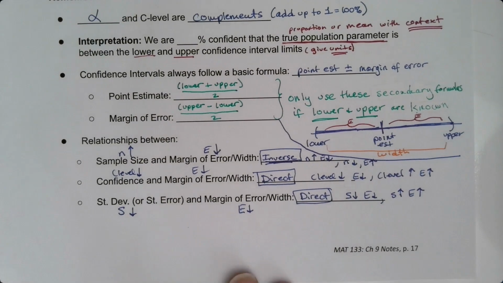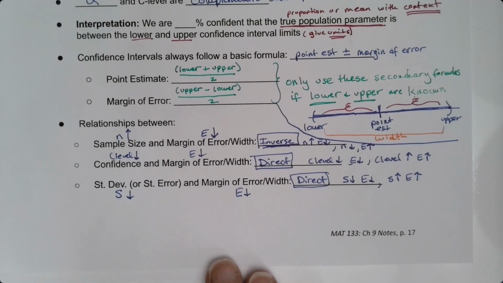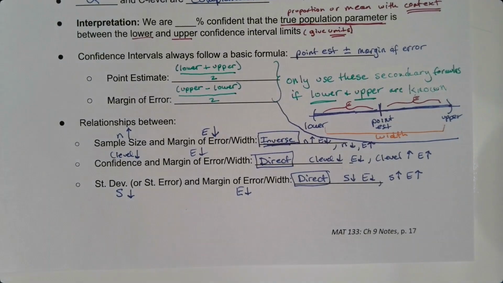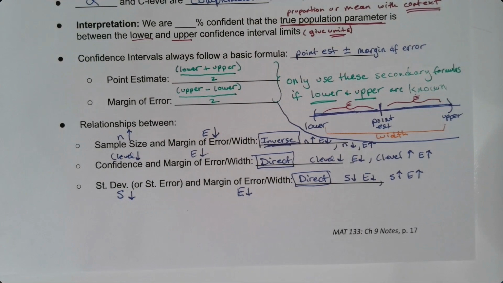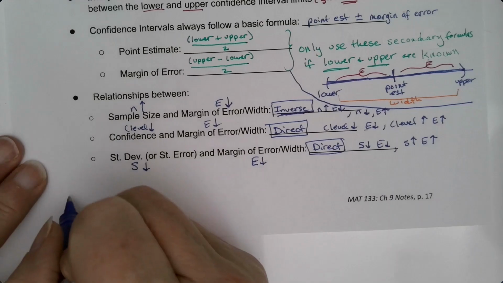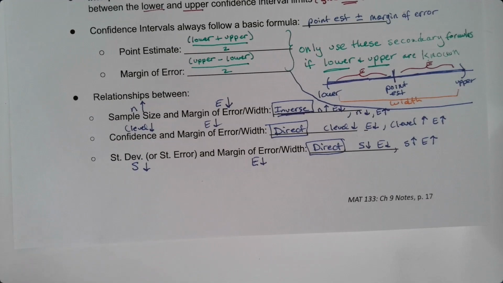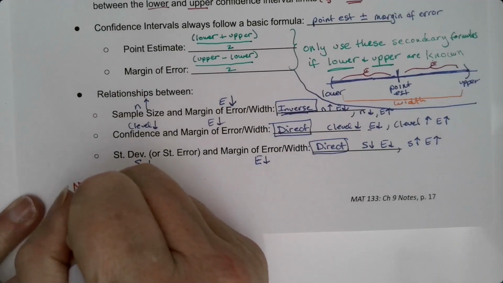Now there is one other extra piece that I want to throw in before we're done with this sheet, which is that I don't usually ask the questions this way. I usually talk about narrowness. What makes the interval narrow? Let's make a note here.